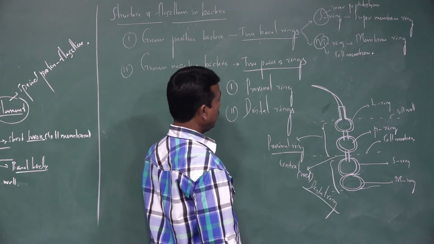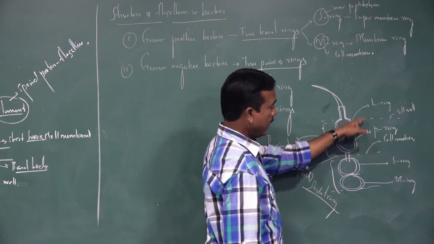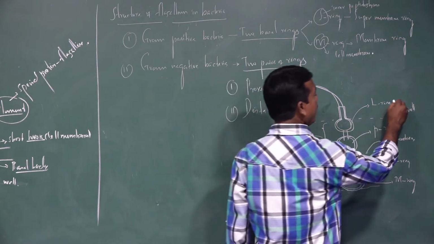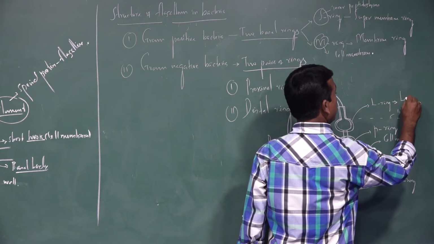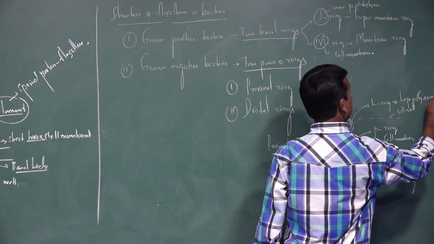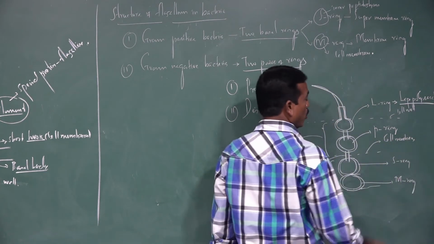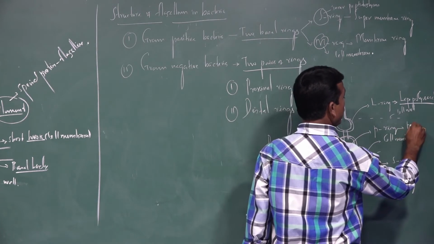I come to the point. The proximal rings are classified into two types, namely the L ring and the P ring. The L ring is made up of lipopolysaccharide. What is the P ring? Peptidoglycan ring.